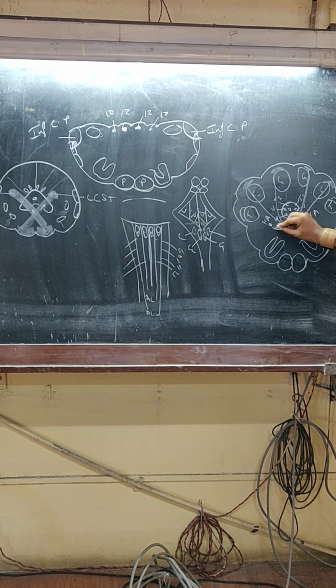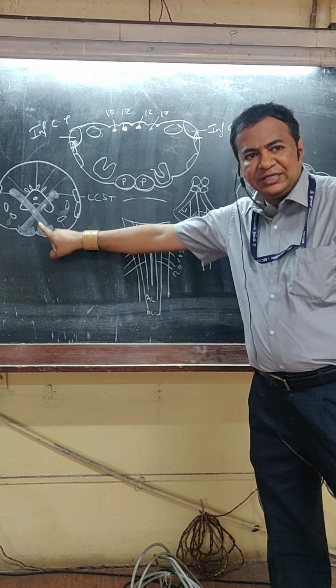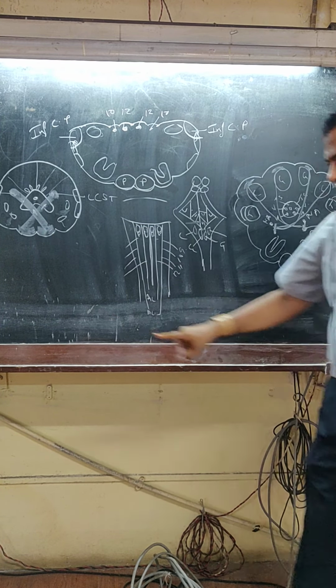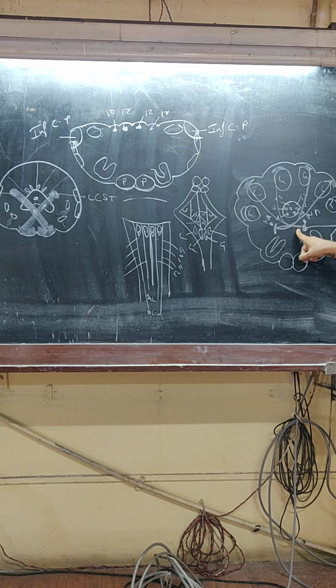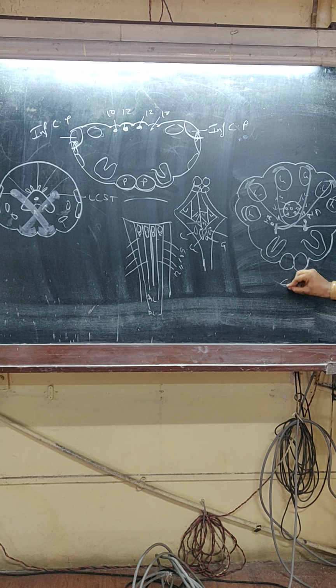This is where the crossing takes place and the formation of the medial lemniscus. This is sensory decussation, going to the opposite side. So this section is called the medulla at the level of sensory decussation.